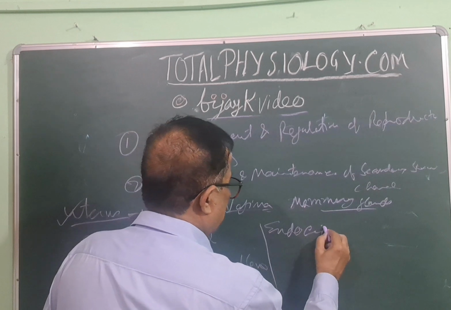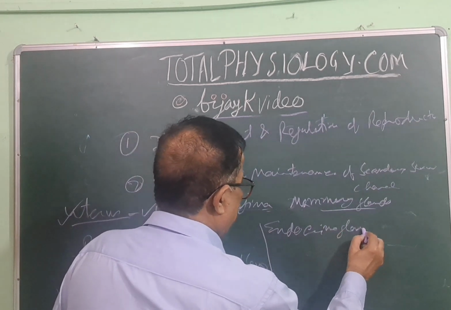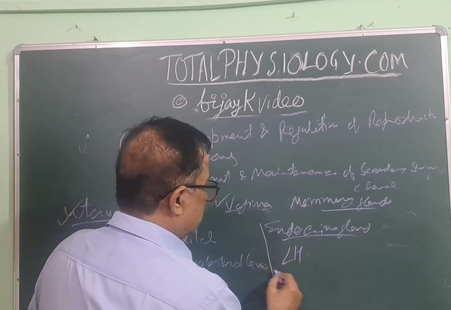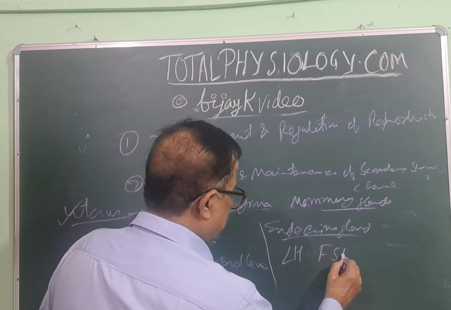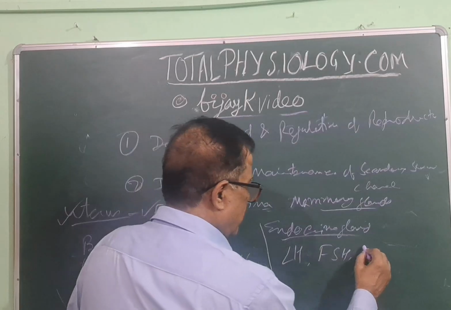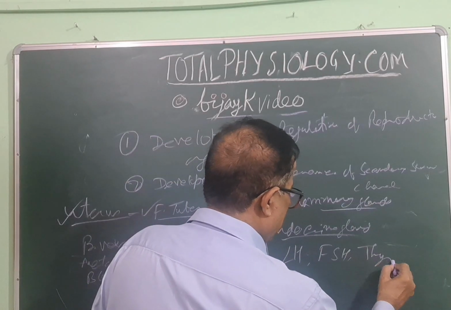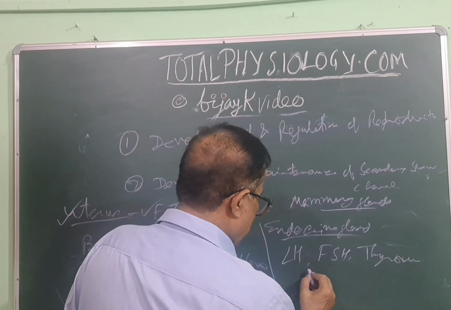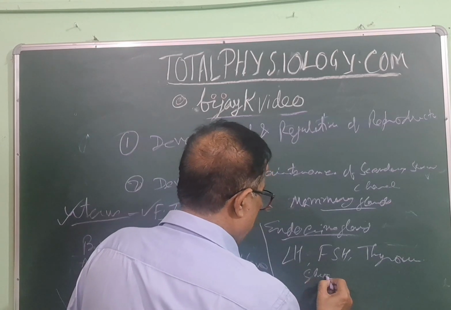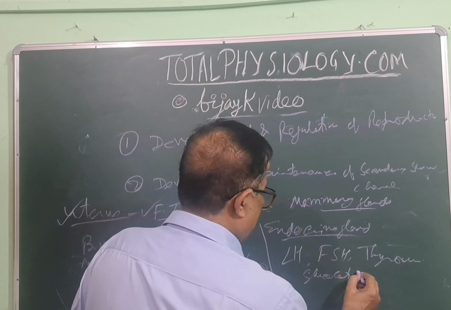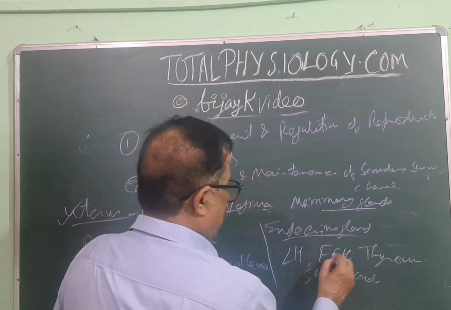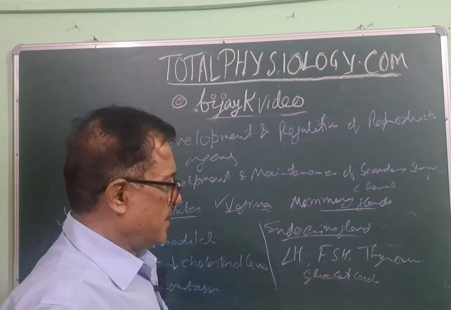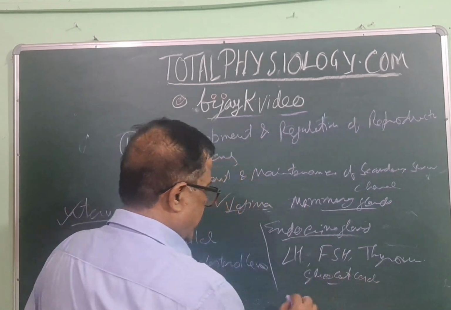On endocrine glands, it increases synthesis of LH and FSH, thyroid hormones, thyroxine and glucocorticoids. Its effect on LH and FSH is complex.